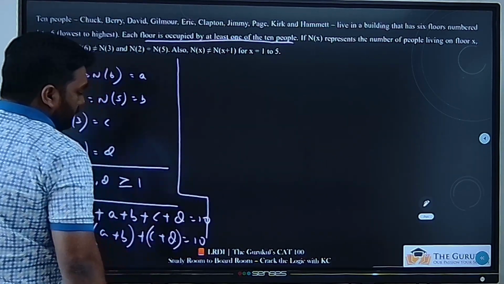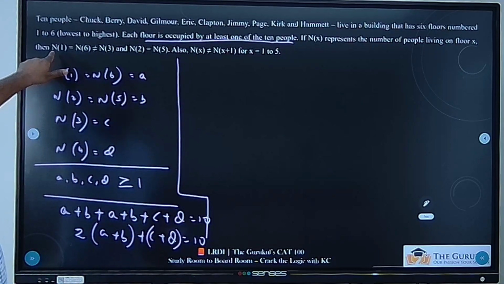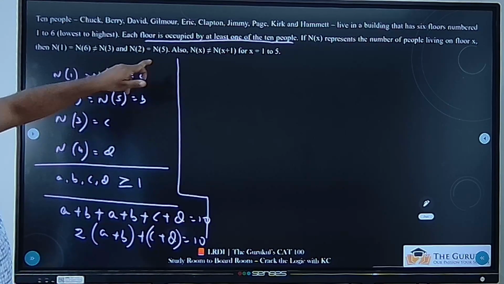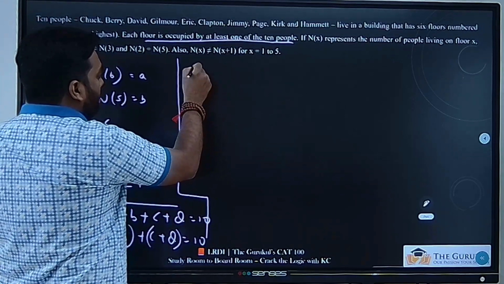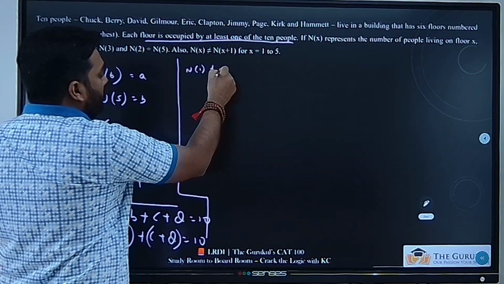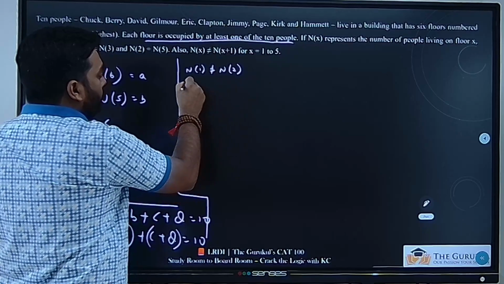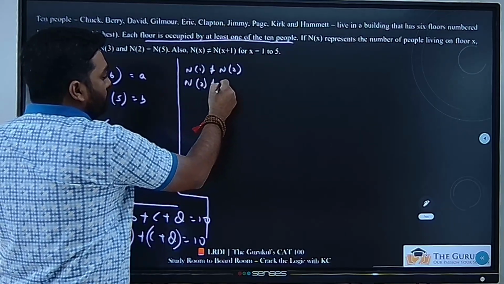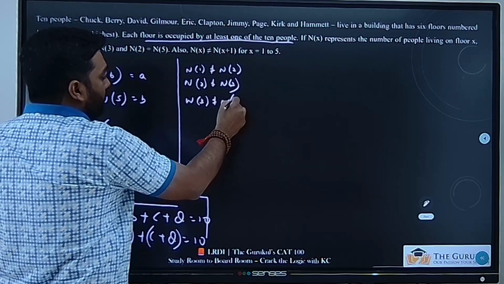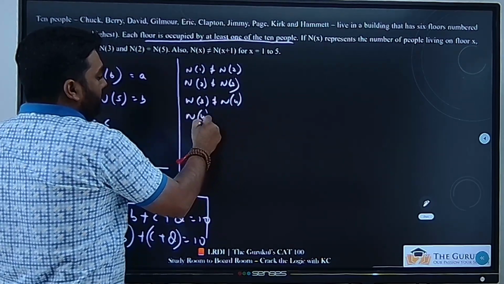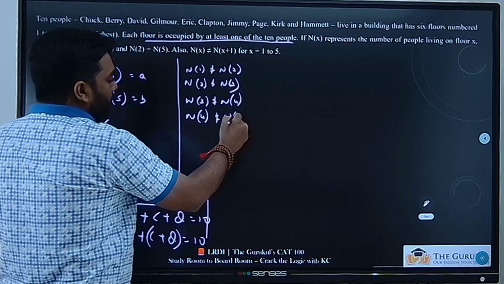Perfect. Next what? N of 1 equal to n of 6, and we know n of x is not equal to n of x plus 1. So number of people on floor 1 is not equal to number of people on floor 2. Number in 2 is not equal to number in 3. Number in 3 is not equal to number in 4. Number of people on floor 4 is not equal to number on 5.